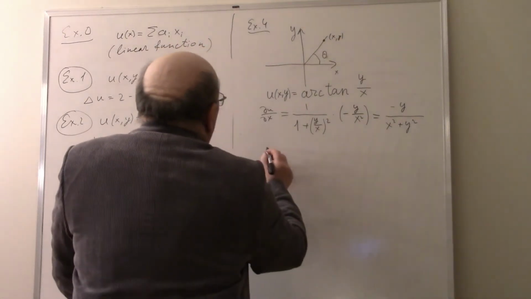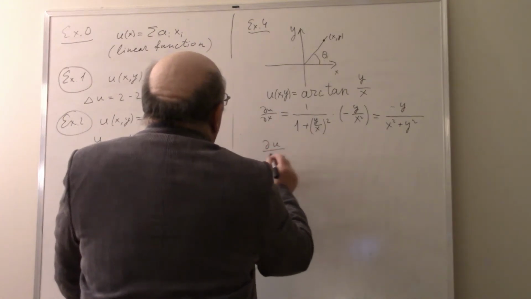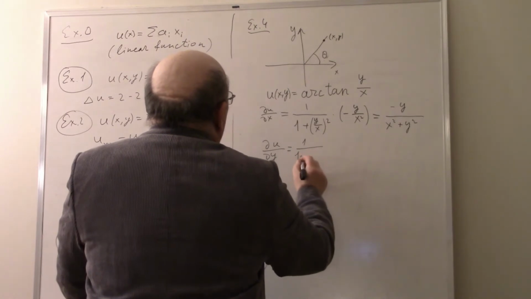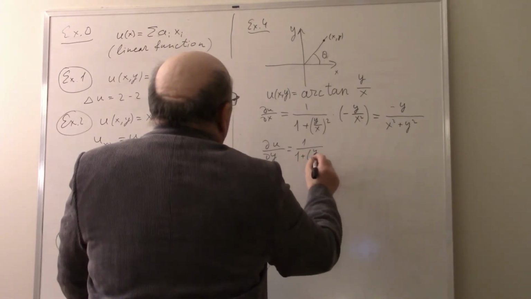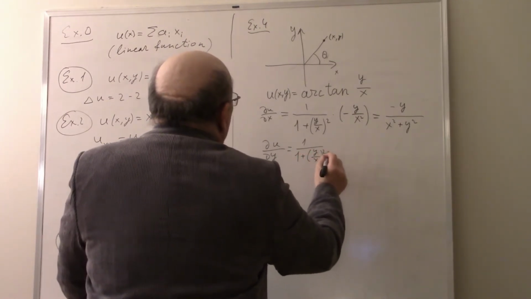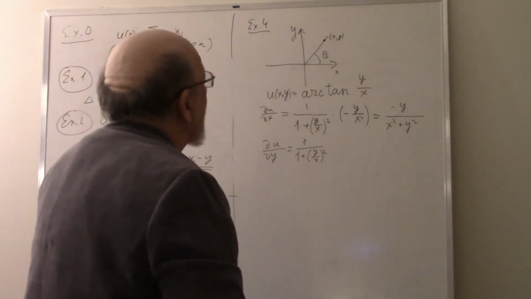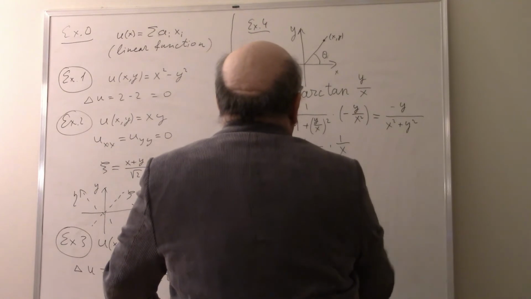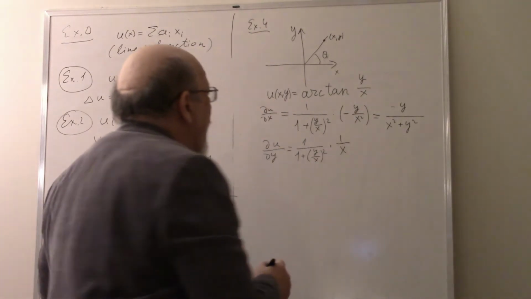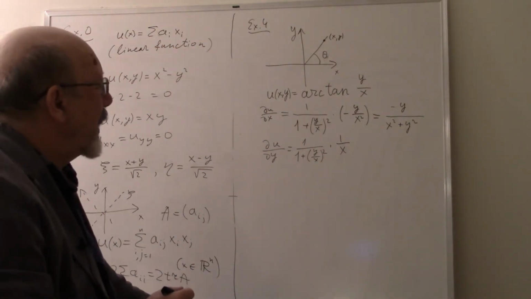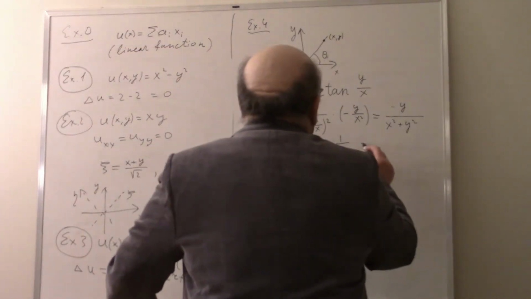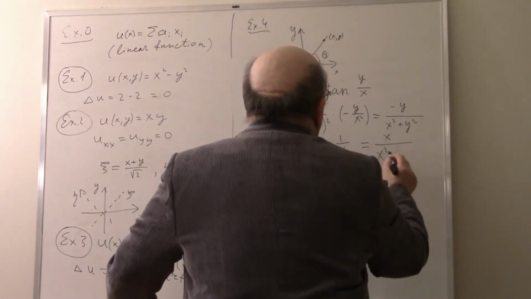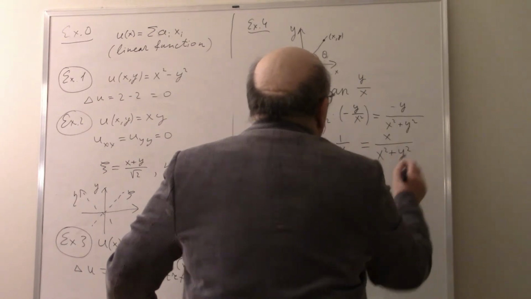Now du/dy equals 1 divided by 1 plus (y over x) squared times 1 over x. Now let's multiply numerator and denominator by x, and then we get that it is equal to x over x squared plus y squared.